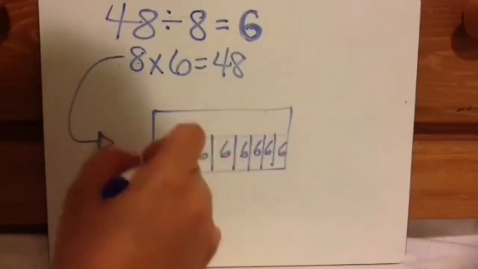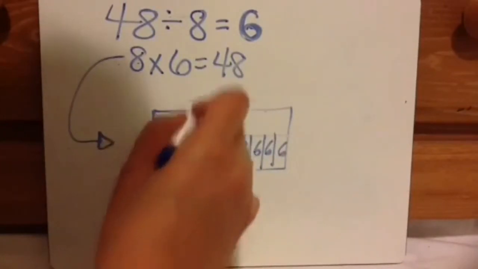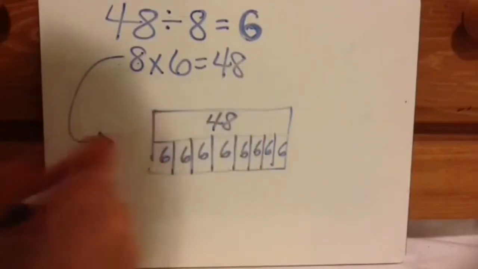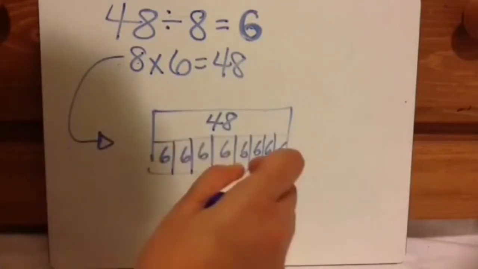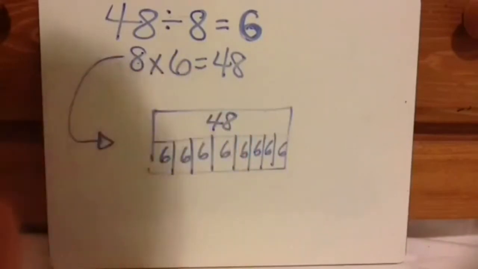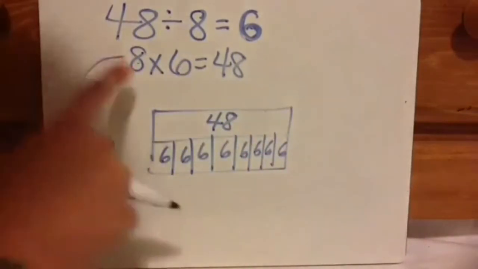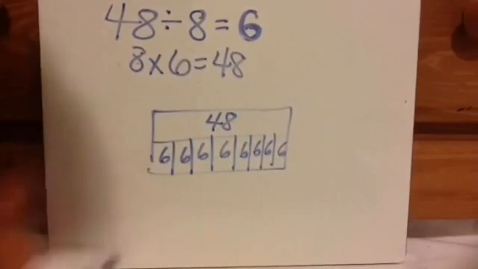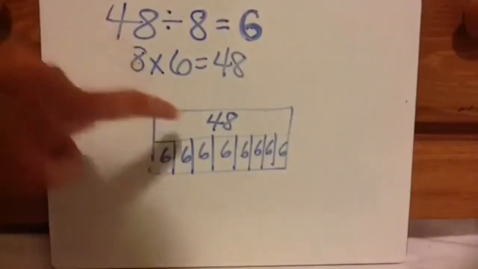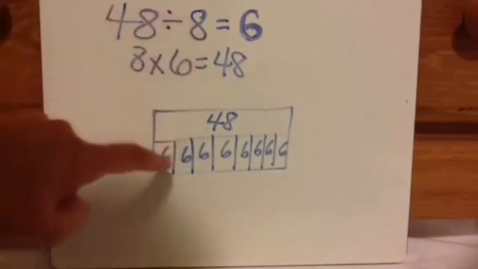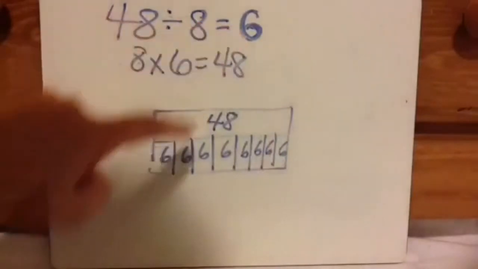Okay? Now, there's a total of 48. So 8 times 6, or 6 times 8, equals 48. Now, let's focus on the division. 48 divided into 8 groups. How much in each group?